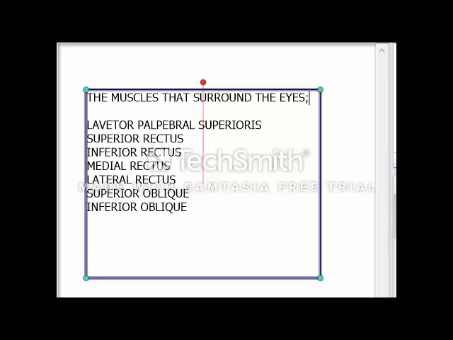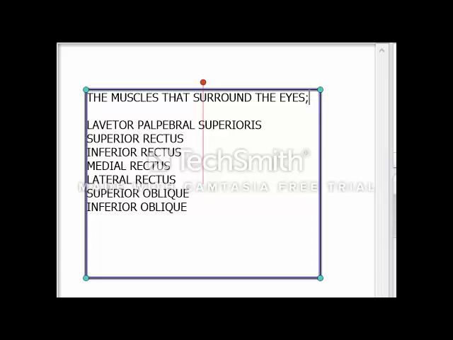These structures include the levator palpebrae superioris that lifts the upper lid upward. We have the superior rectus, which also helps to lift the eye upward. We have the inferior rectus, which draws the eye downward.